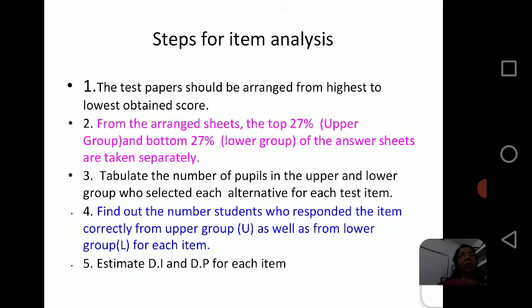If there are 30 questions, 30 columns need to be marked, and you put a tick mark against the right answer, a cross mark against the wrong answer, and an O for omissions. Like that, tabulate the number of pupils in the upper and lower group who selected each alternative for each test item.